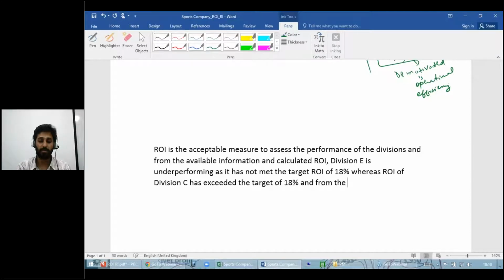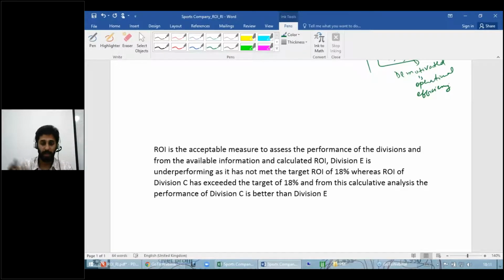From this calculative analysis, the performance of division C is better than division E, obviously, and so qualifies for the bonus.